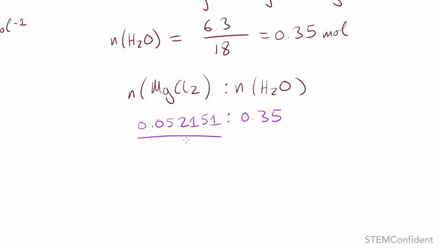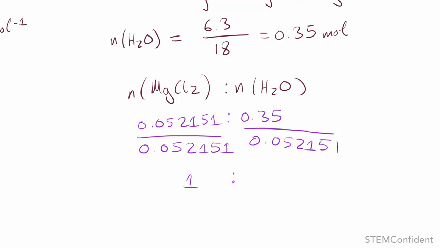So divide that by 0.052151, you're going to get 1. But here's the thing: if we've done that to the left hand side, because it's a ratio, what you do to one side, you also need to do to the other side. So we're also going to need to divide this side by the same, 0.052151, okay?